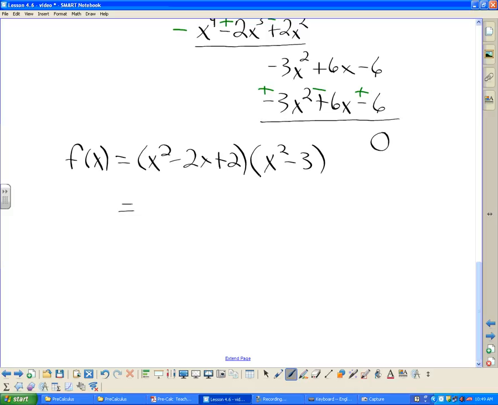So really our final answer would be x squared minus 2x plus 2, because this can't be factored; it doesn't have any real zeros. But this one has real zeros at plus and minus the square root of 3. So I have x plus the square root of 3 and x minus the square root of 3. And that would give us a complete factorization using real numbers and real coefficients.